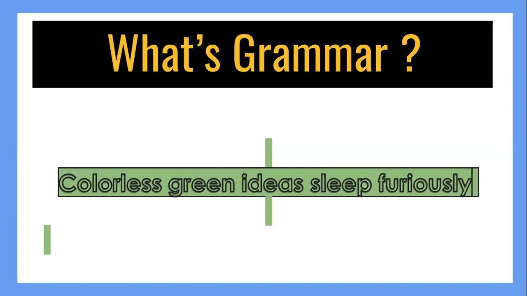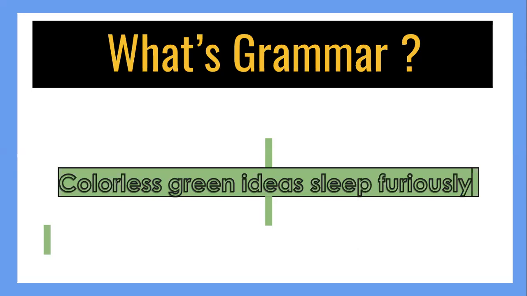Actually, here we have this sentence which is syntactically correct. The structure is fine. There is no problem with the structure here, but we have a great issue with semantics. So semantically, it's actually meaningless. Ideas do not have colors. And here he said colorless green.